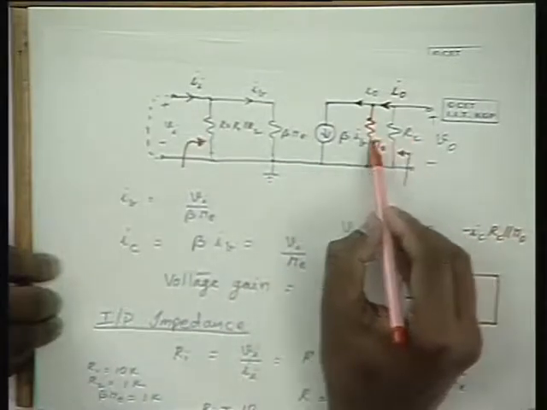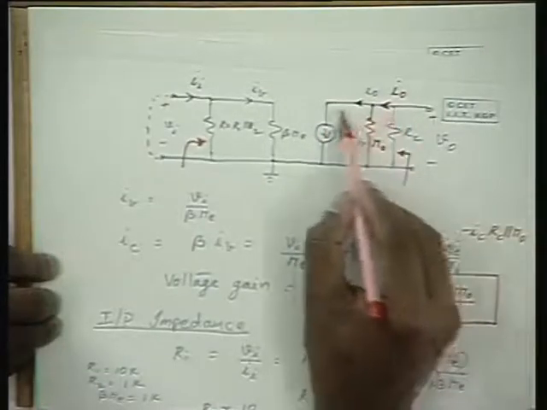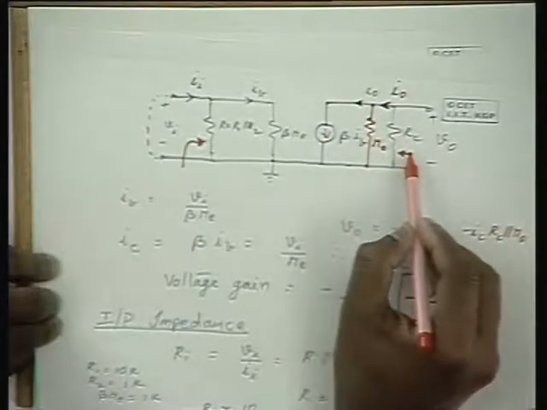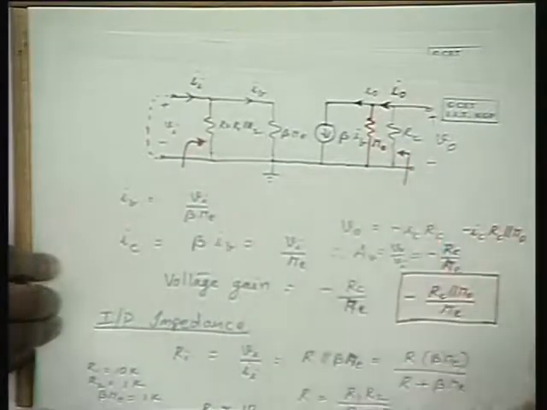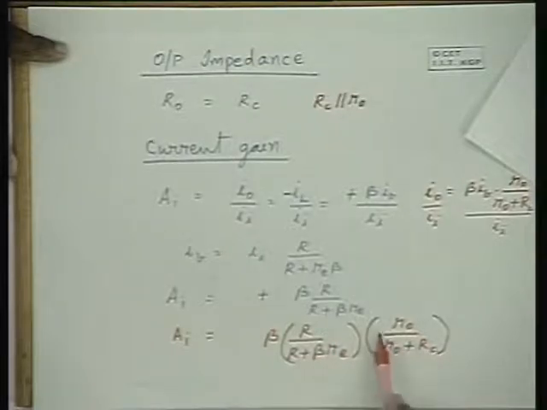Similarly, when RC is much smaller than R0, we can treat the total current as the output current, in which case the gain is beta itself. That means when R is much larger than beta RE, the input side ratio is almost 1, and when R0 is much larger than RC, this is also 1, therefore the current gain is beta.